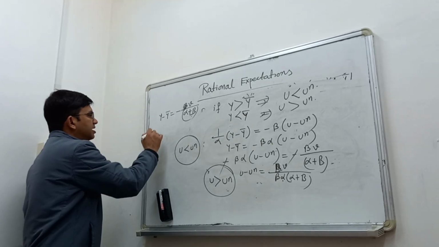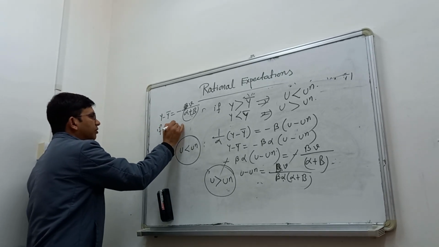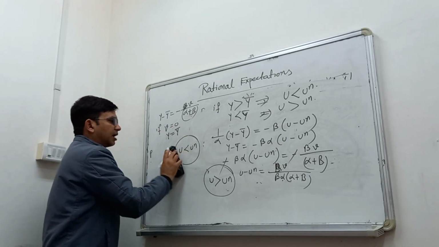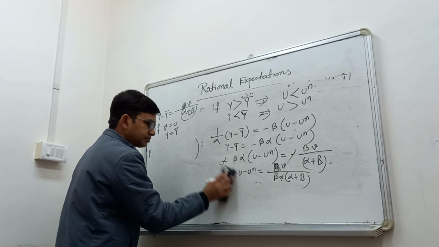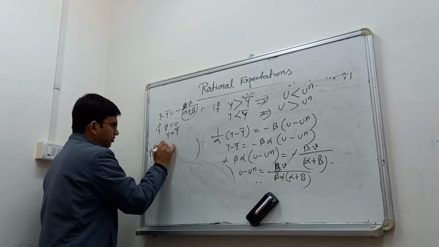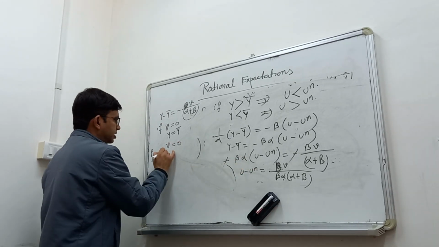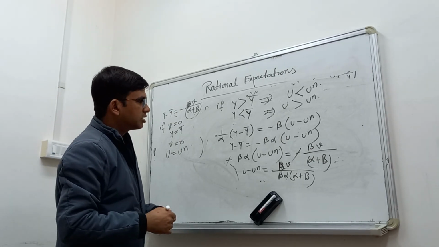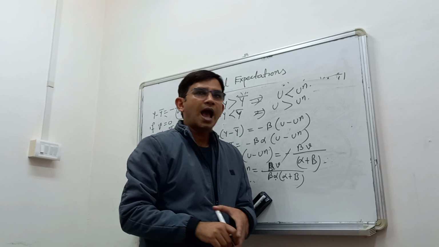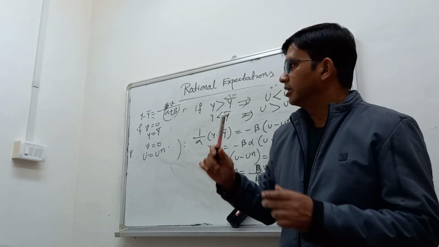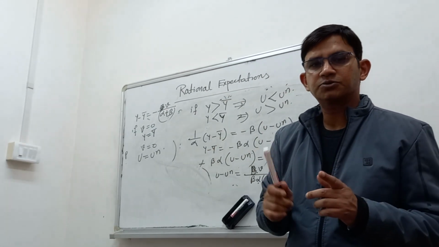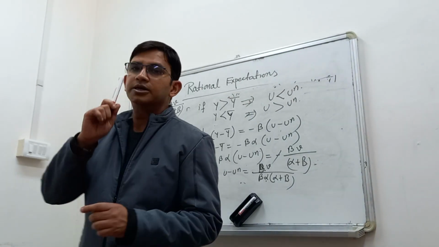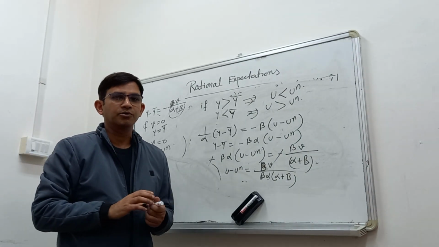So if V equals 0, y will be equal to y bar. And similarly, if V equals 0 in this equation, U will be equal to UN. So that means the output and unemployment both will diverge from the natural level if and only if there is a supply shock in the economy.